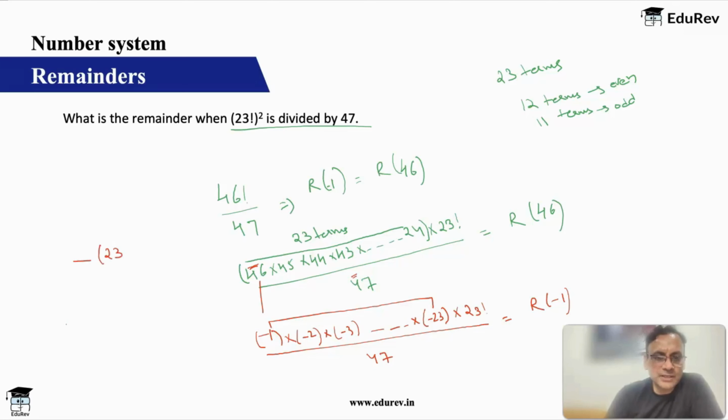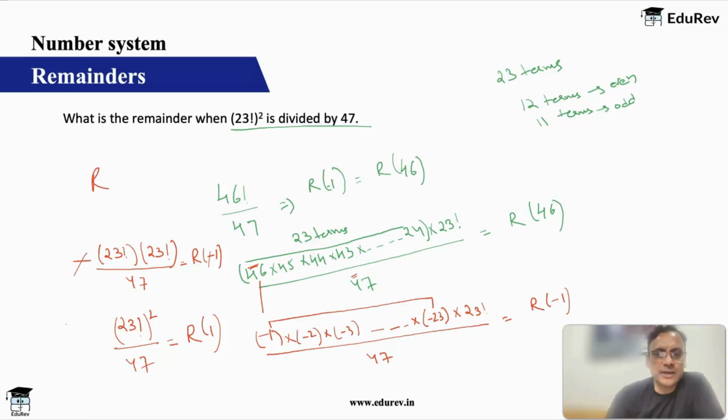So minus 23 factorial into 23 factorial upon 47 gives you a remainder of minus 1. So in fact, minus and minus will get cancelled. 23 factorial whole square upon 47 will give you a remainder of 1. That's all. So your answer is going to be remainder 1. That is the answer for this question.